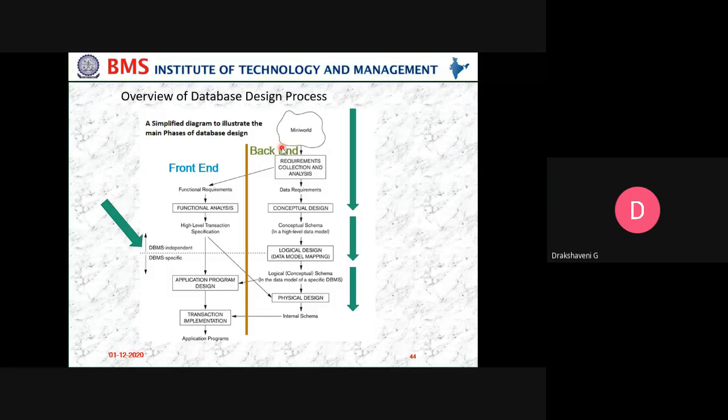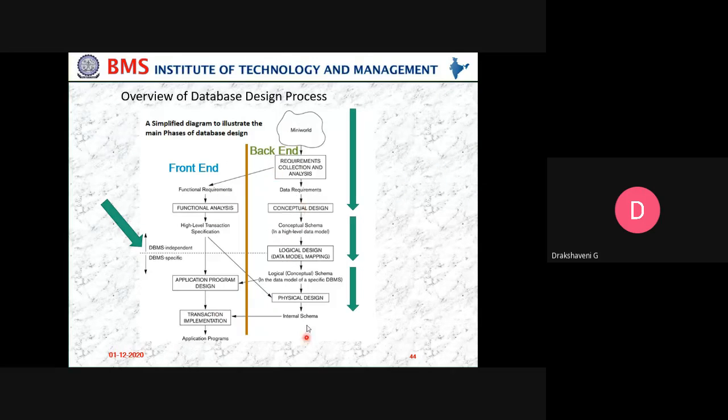So then in the back end we can see mini world, requirement collection and analysis or data requirement, conceptual design, conceptual schema in a high level data model, logical design and data model mapping, logical or conceptual schema in a data model of a specific DBMS, then physical design and the internal schema. So this is the overall design of a database, that is backend with the front end.